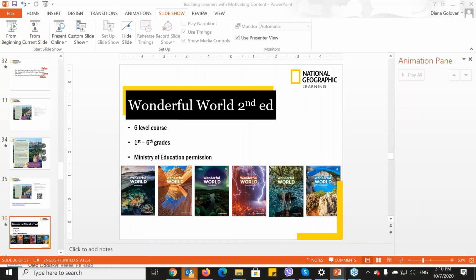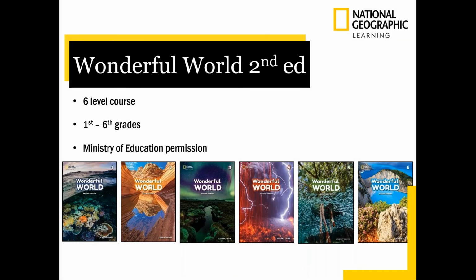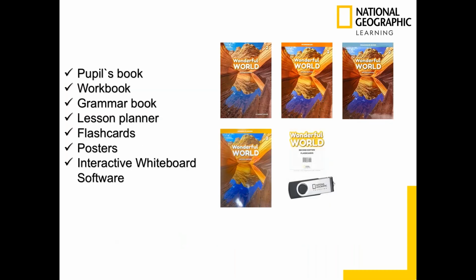So today we were talking about motivating students with meaningful content, and all the examples were taken from this great series, Wonderful World 2nd edition. This is a 6-level course for the students from the 1st up to the 6th grade. It has the permission of the Ministry of Education to be used in state schools.